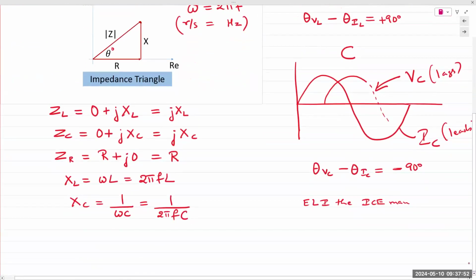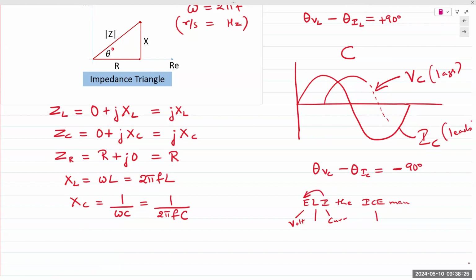What does L stand for? Inductor. C, capacitor. I, current. E, wild guess. What does E stand for? EMF, electromotive force, or other word for voltage. So for an inductor, the voltage is ahead of the current.